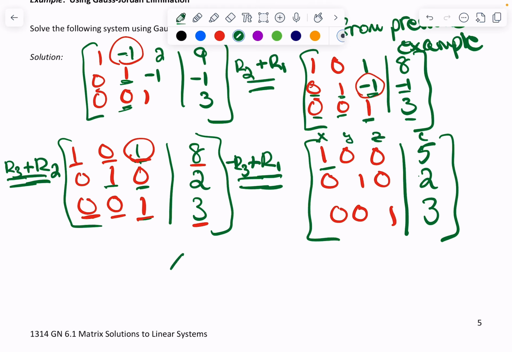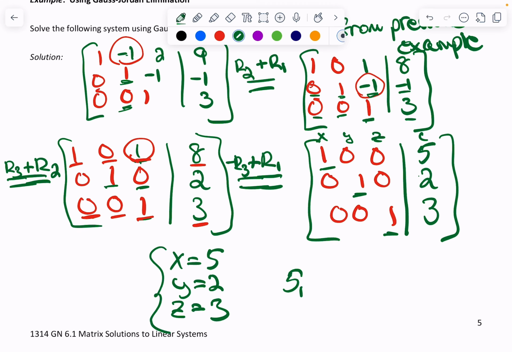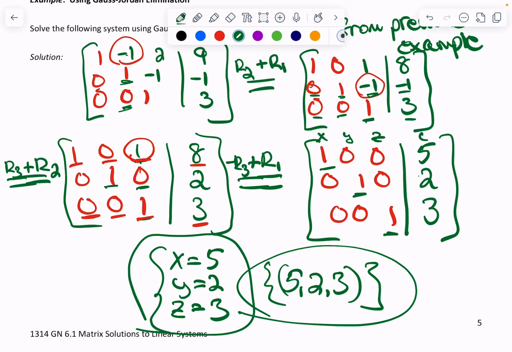Now we have x equals 5, y equals 2, and z equals 3, right? So we got the exact same ordered triple that we did in the previous example, just a little bit differently.